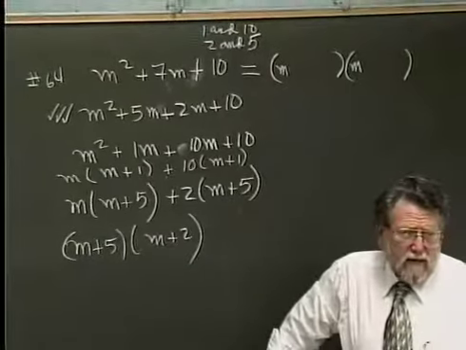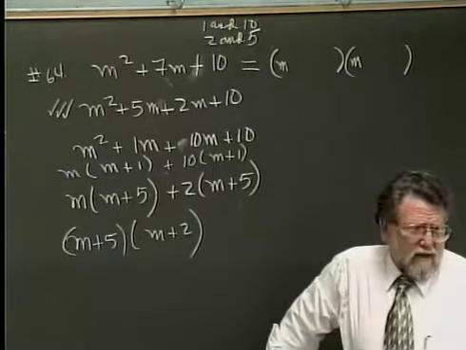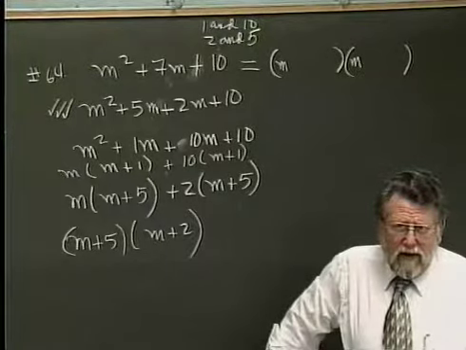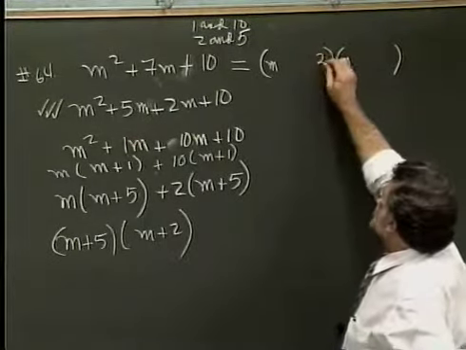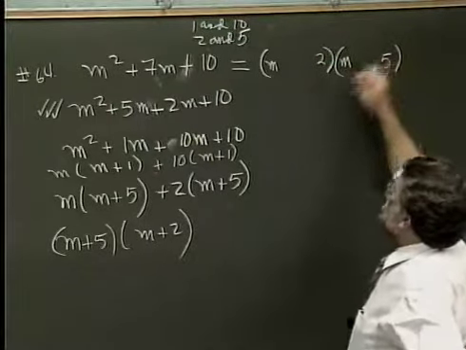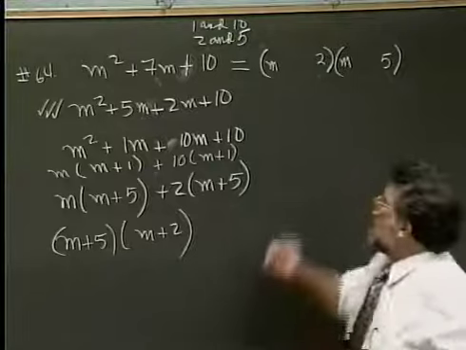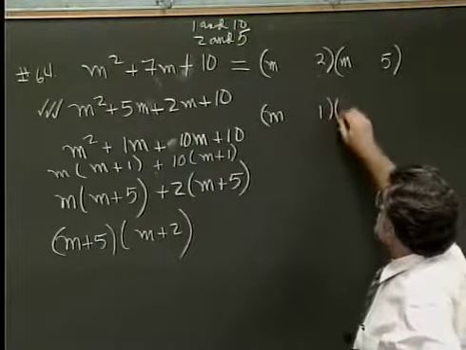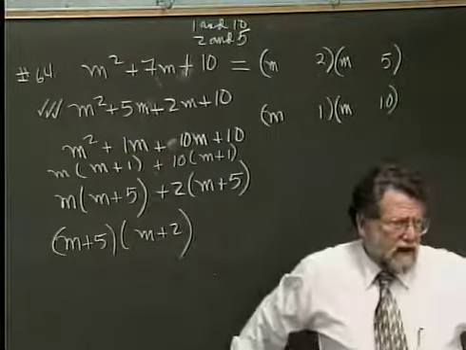And I have to have a 10, and the 10 can only be done by a 2 and a 5, or a 1 and a 10. Then the only one place I can get that 10 is having it at the second part of each binomial. So I have a choice. Either that or this. Those are my only choices, correct? To get a 10?